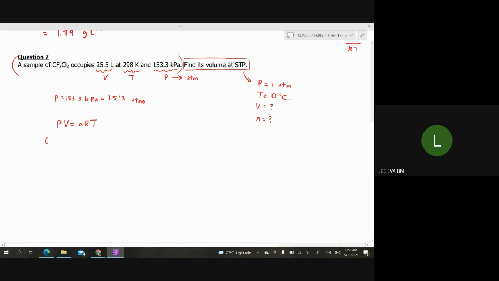So you substitute 1.513, the volume 25.5, and the number of moles is what we want to find. The gas constant we have is 0.08206. Temperature 298 is already given. So find the number of moles for our CF2Cl2.